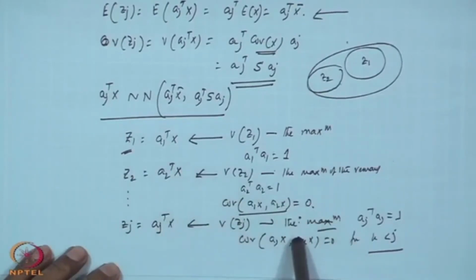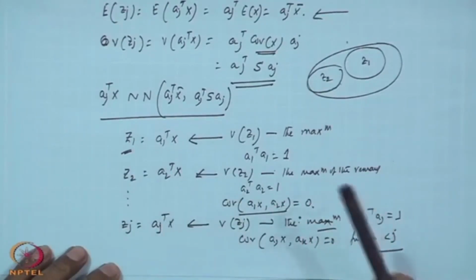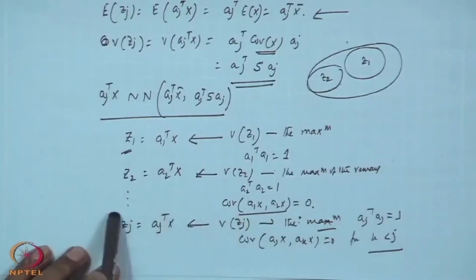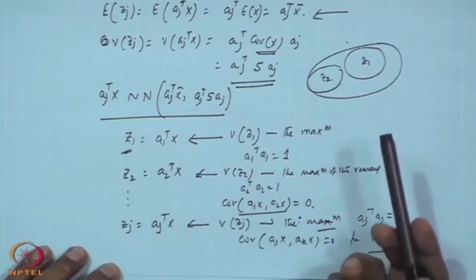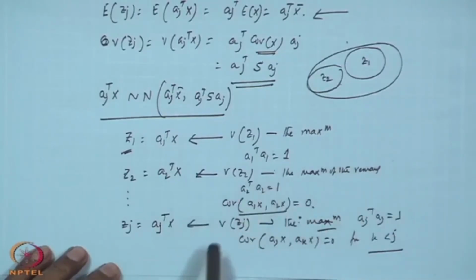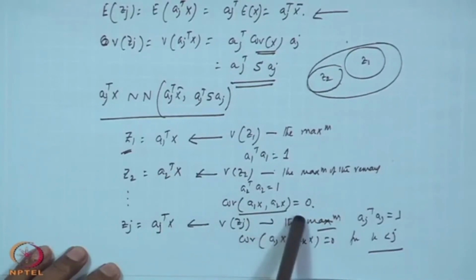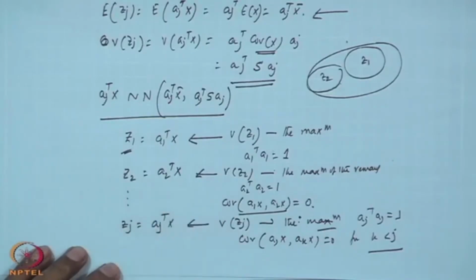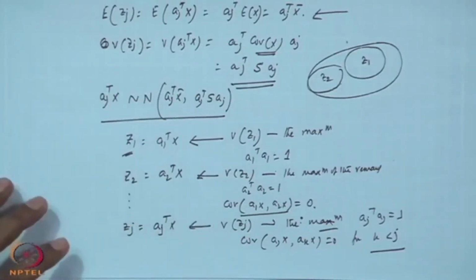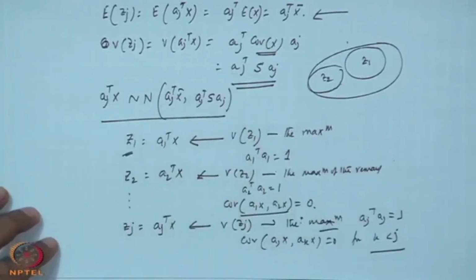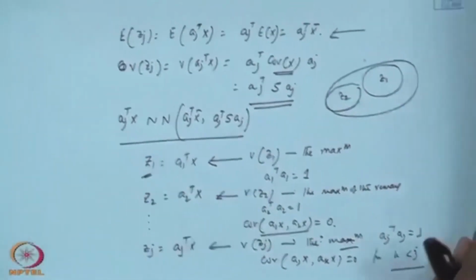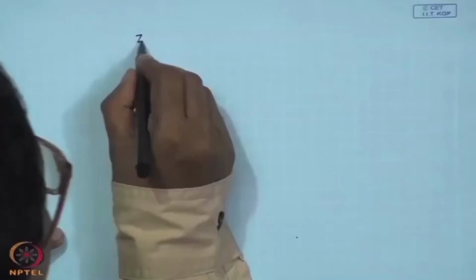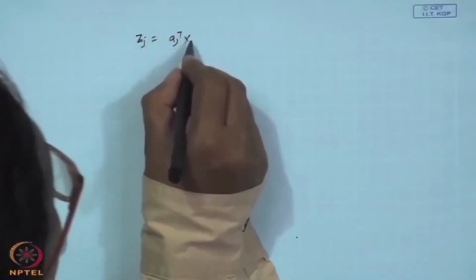When you go for the third, there also you will maximize the variability of that component subject to the remaining variability, and you also normalize it, that A3 transpose A3 equal to 1, and covariance between A3 x and A1 x as well as A3 x and A2 x will be 0. In the same manner you will extract. So, essentially what we are doing now, if I go by the general component, that is Zj, this is my Aj transpose x.